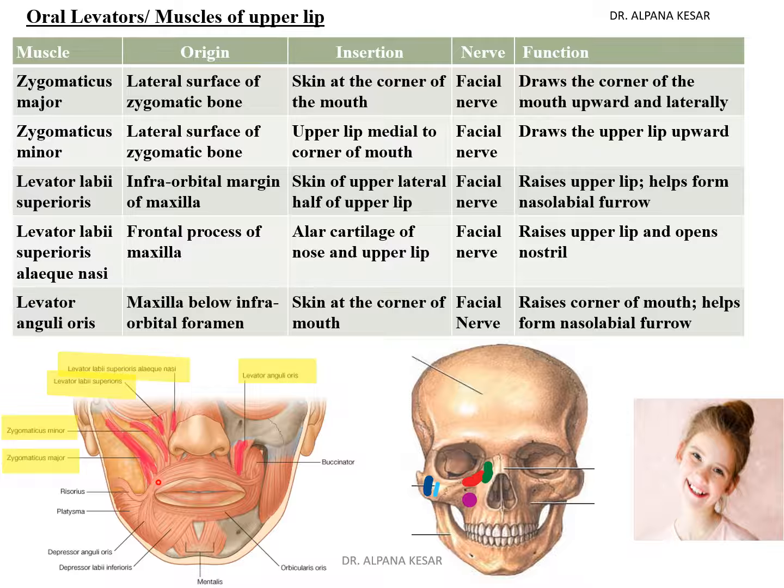This movement takes place as in smiling and laughing, and that is why zygomaticus major and minor are also known as the muscles of laughter or smiling. The other three levators, that is levator labii superioris, levator labii superioris alaeque nasi and levator anguli oris, all three take origin from the maxilla.